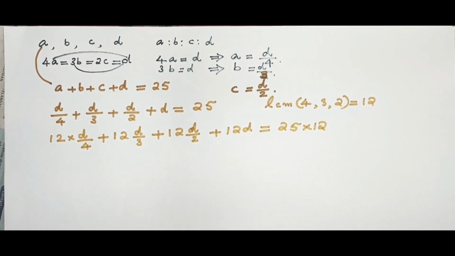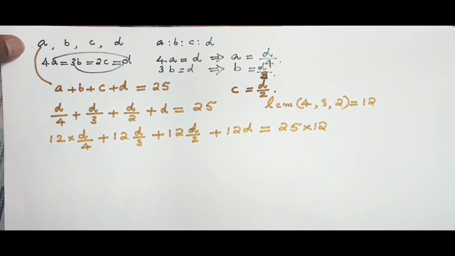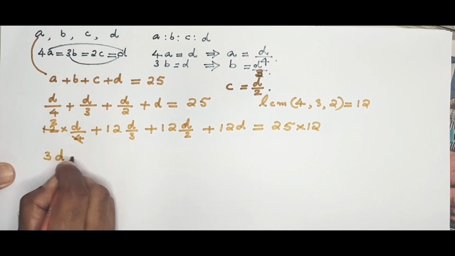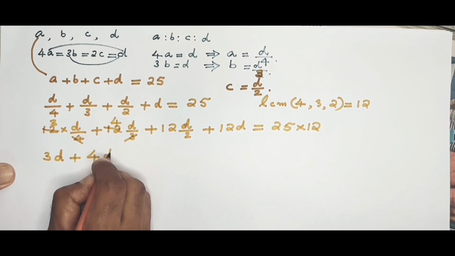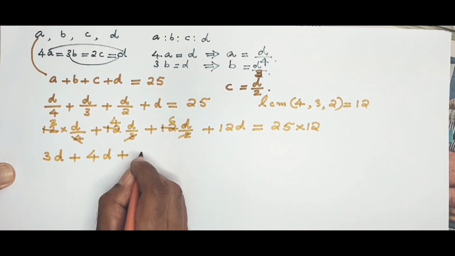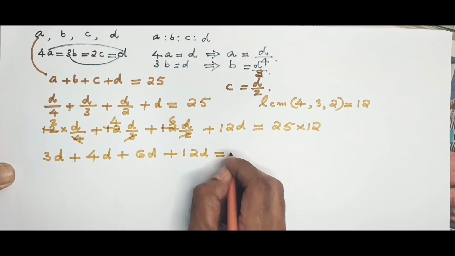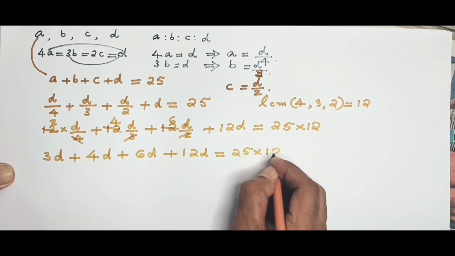When dividing or multiplying an equation by a certain number, it should be done on both sides. So this goes 3 times, you get 3D. This goes 4 times, 4D, 6 times, 6D plus 12D equals 25 multiplied by 12.